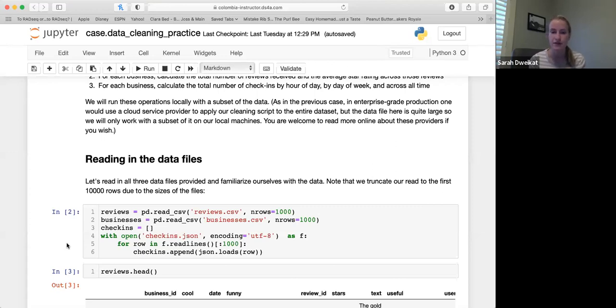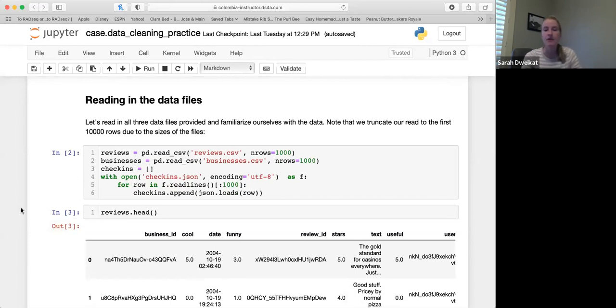Since these are really large files, it can make things run really slow if we were to load in the whole thing. So we're going to load in 1,000 rows for our reviews. We have a data set that we're going to call reviews, a data set that we're going to call businesses, and then we're loading in a JSON, the first 1,000 lines of it, as a list that we're going to call check-ins.